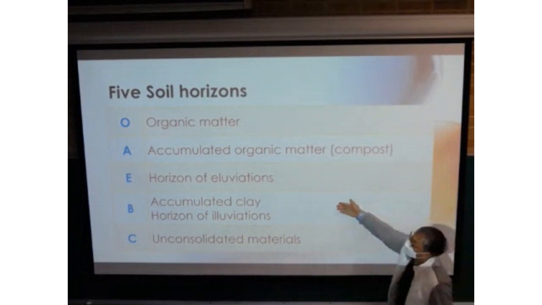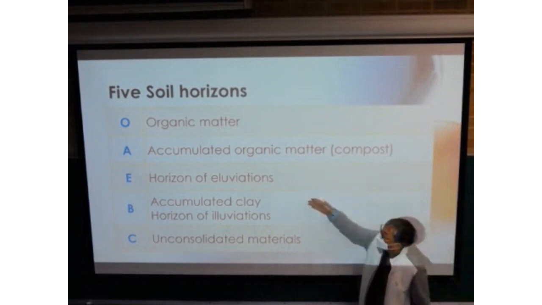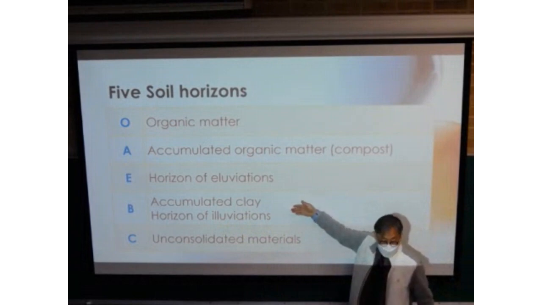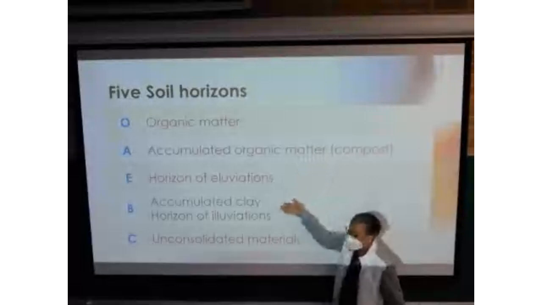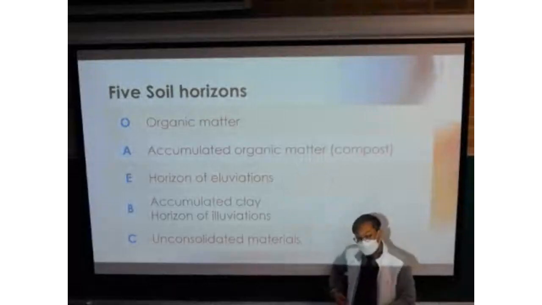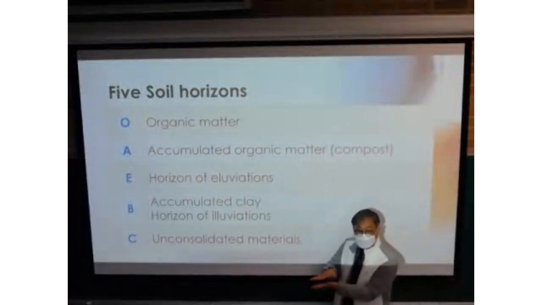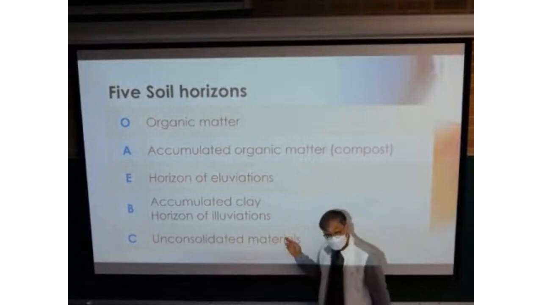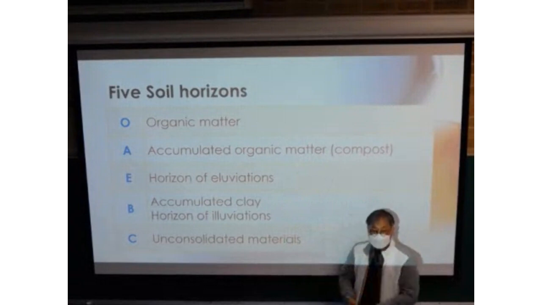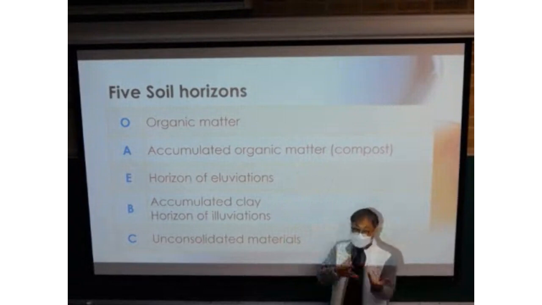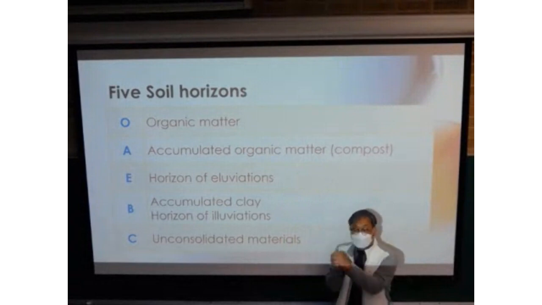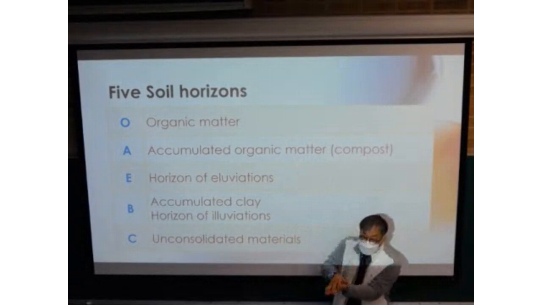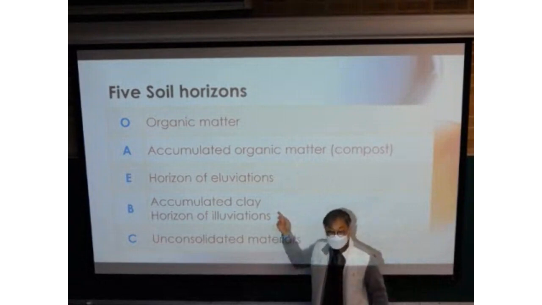So the B horizon is really weird. Why? Because this one can be formed from the top, by illuviation. Water carries material out and then drops it at one of the places. We call that the B horizon. Also, the C horizon can be broken down. Rock will break, and the rock pieces get smaller. And then the smaller or broken pieces of rock will accumulate to form the B horizon too.